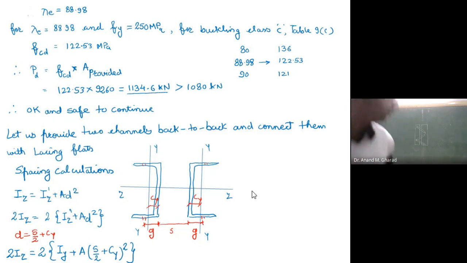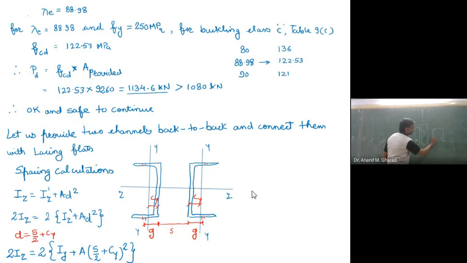Because in case of the channel sections which are placed toe to toe, in this case, the spacing जो रहेगा, it will be from here to here. Got it? और इसमें क्या होगा?